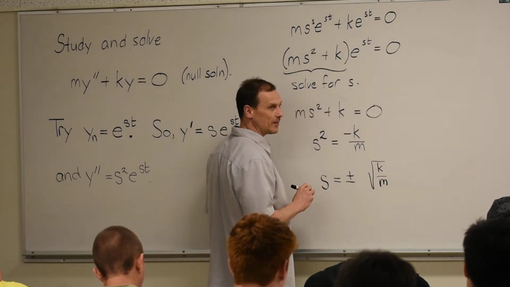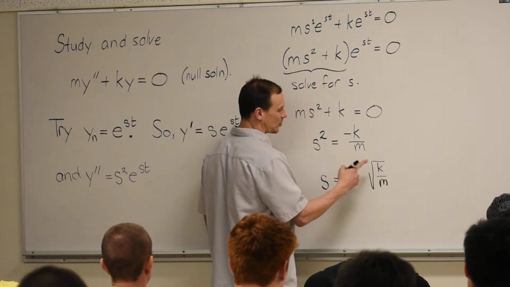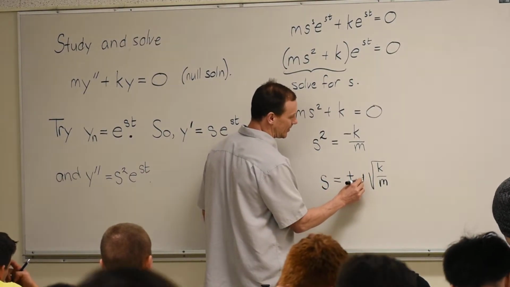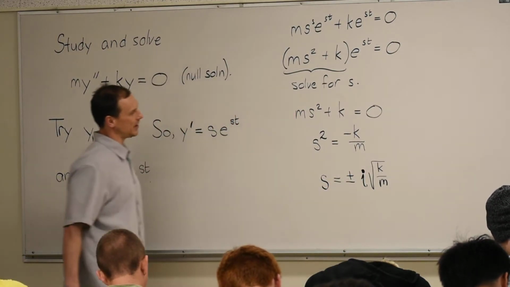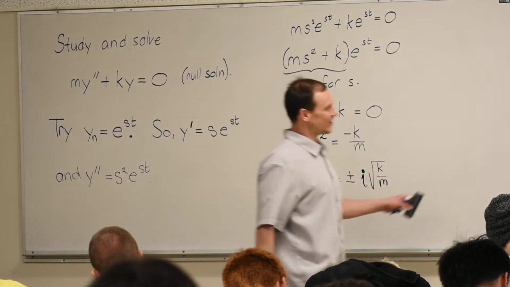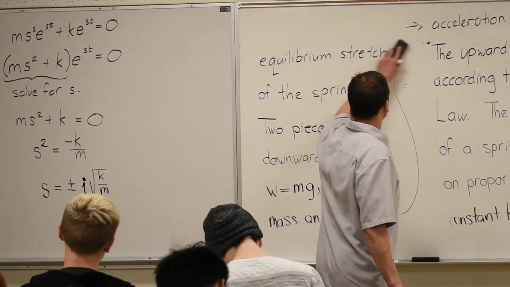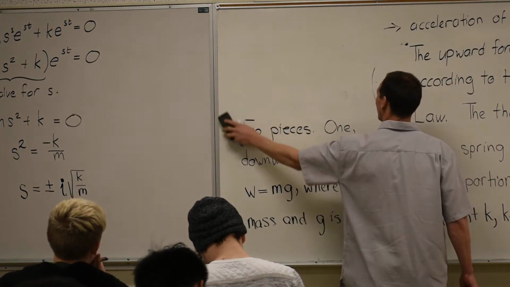Where'd the minus sign go? It's the square root of a negative that gives us an I. And that's how the solution comes into play. So see that the beauty of this is trusting the math, and it'll tell you what you need to do.